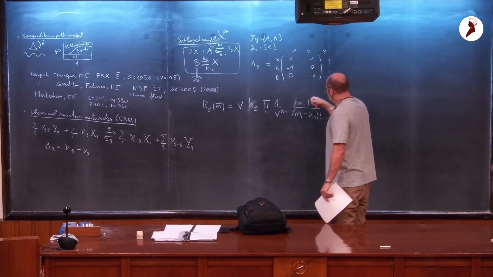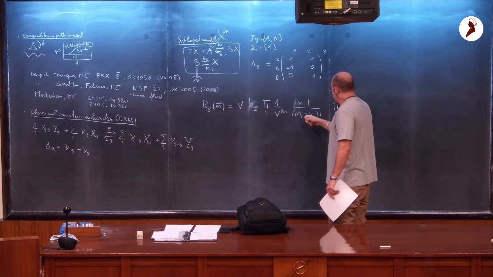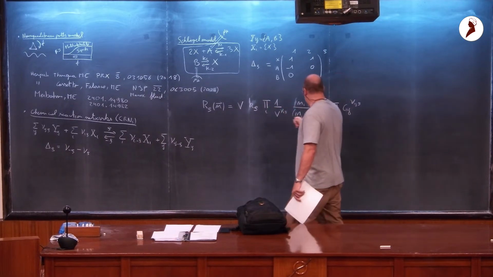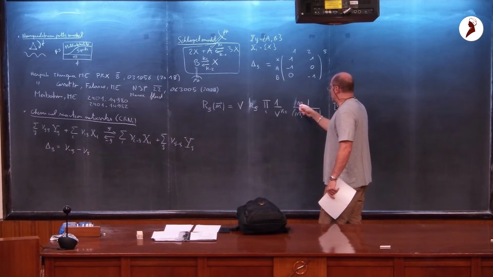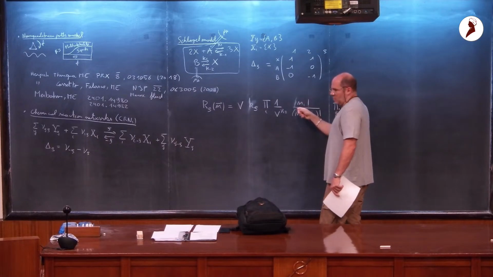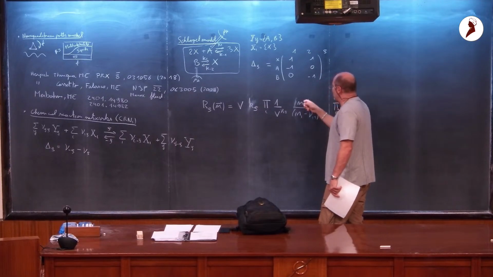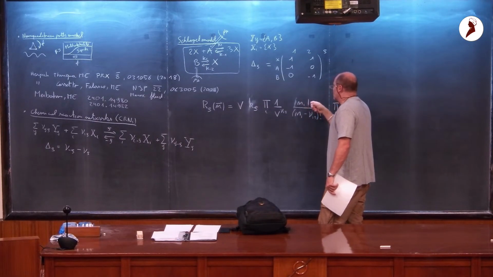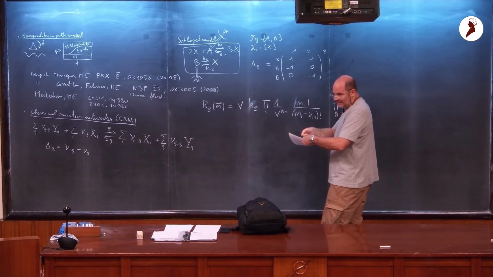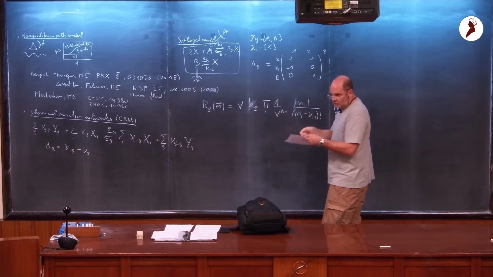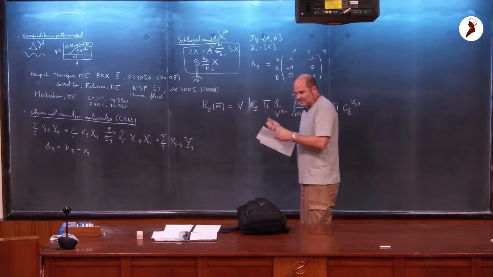So the ratio is only non-trivial for the species that enter the reaction. If you have a species that enters with stoichiometry 1, you basically get the number of molecules of that species. But if it enters twice, you will get the number of molecules times the number of molecules minus 1, because the probability that an event happens is proportional to the number of molecules times the number of molecules minus 1, because 1 is already gone.